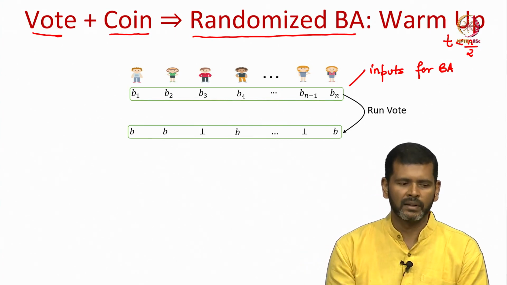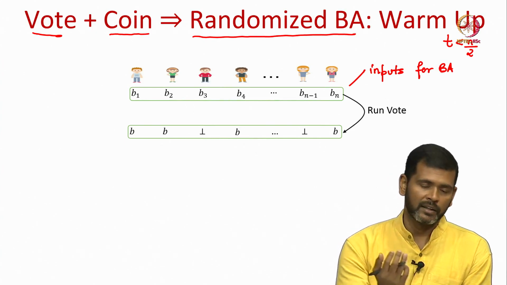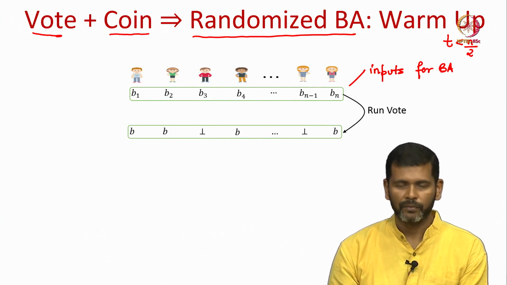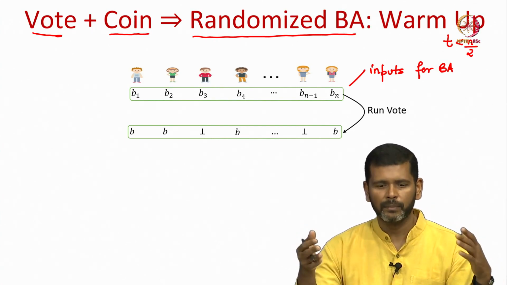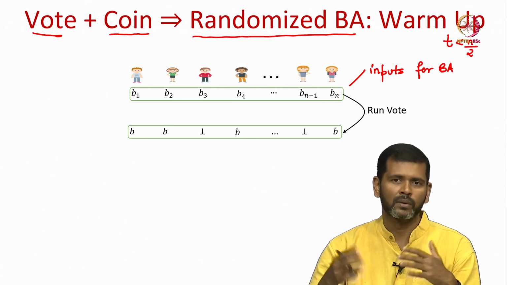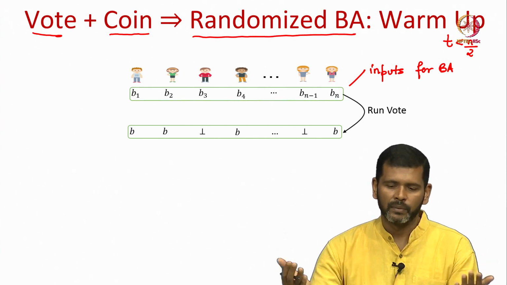At the end of the vote protocol, some parties may output a bit, some parties may output a bot value. Of course, if all the honest parties have the same input, everyone would output B, but the honest parties do not know who the honest parties in the system are, or what their inputs are.